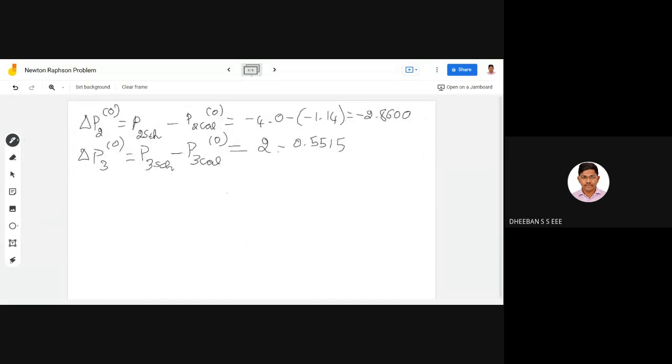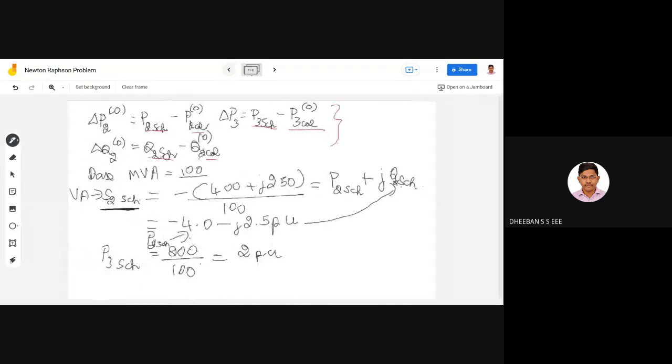So after this, you have to subtract it, so it will be 2 minus 0.5515, and we get around 1.4485. And after this, del Q2 goes with Q2 schedule minus Q2 cap at 0.